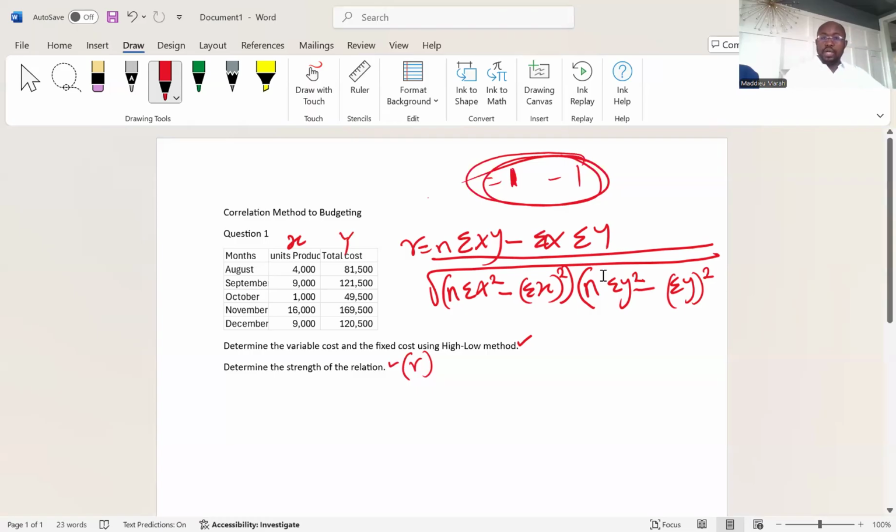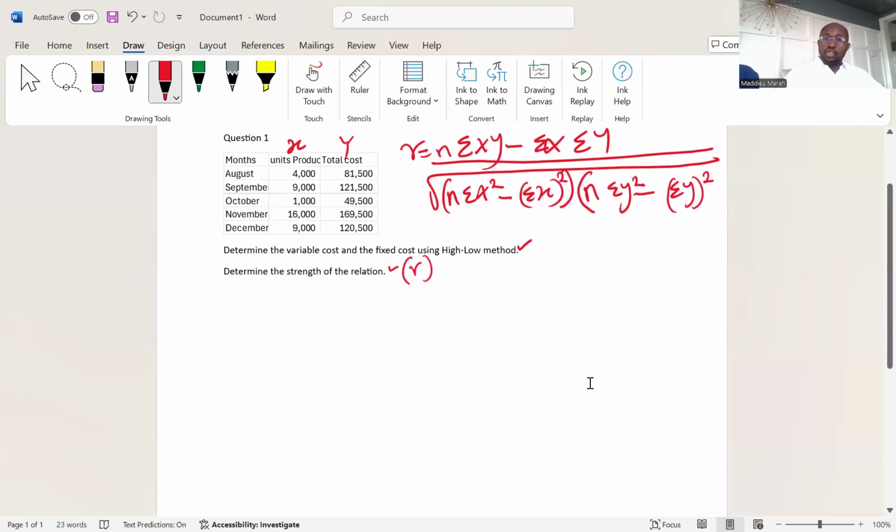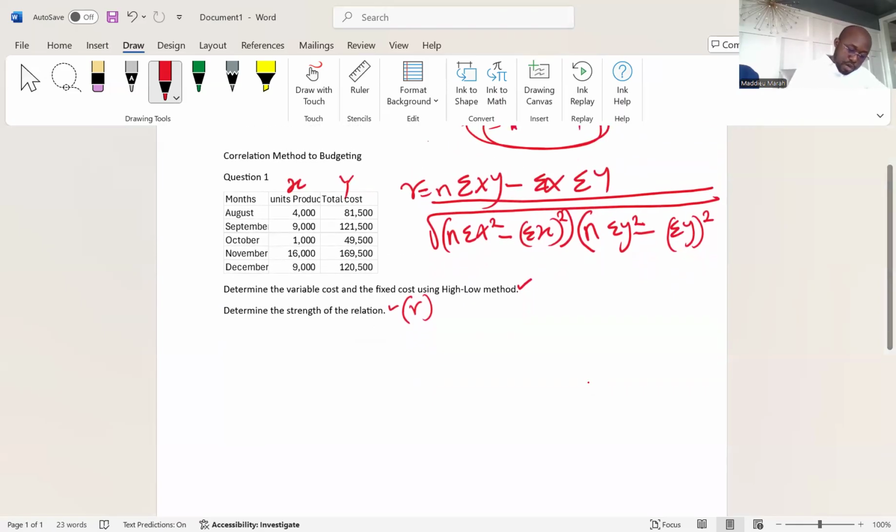Now, we have our formula. We know the value for X. We know the value for Y. So what do we need again in the question? We need the value for N. We count the number of months: August, September, October, November, December.